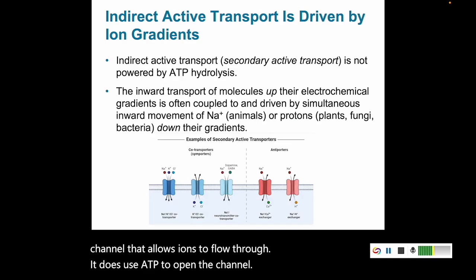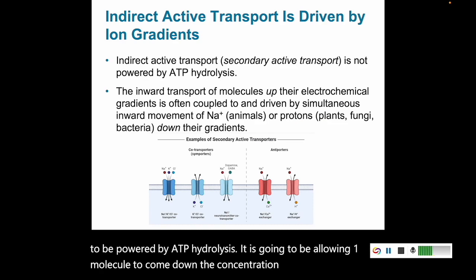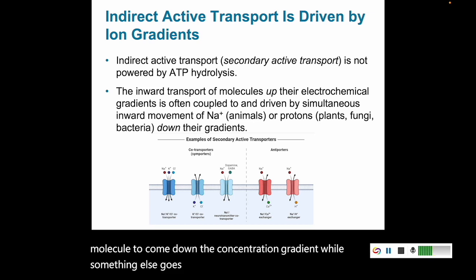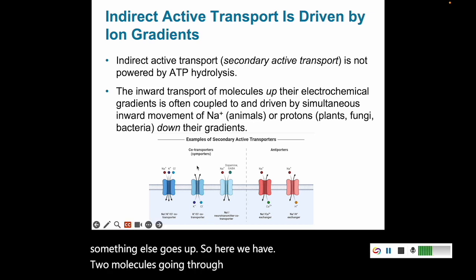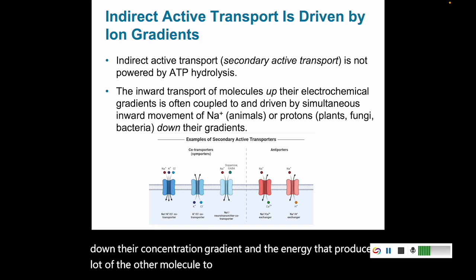Indirect active transport, or secondary active transport, is not going to be powered by ATP hydrolysis. It is going to be allowing one molecule to come down the concentration gradient while something else goes up. So here we have two molecules going through. These are symporters. One is going down its concentration gradient, and the energy that produces allows the other molecule to go against its concentration gradient.